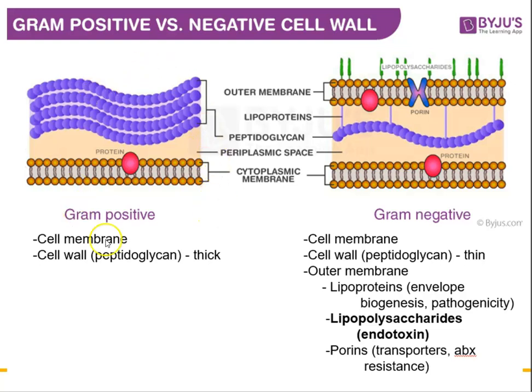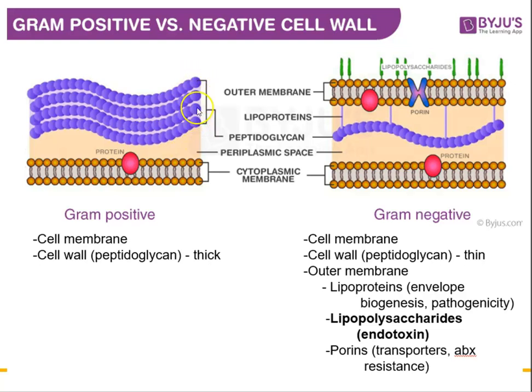Okay, on the left here, we have a gram-positive bacterium. On the right here, a gram-negative bacterium. And we're looking at the cell envelope. Here, you're looking at the cell membrane, also called the cytoplasmic membrane, also called the plasma membrane. Moving further outside of that, you're going to have this thick cell wall.